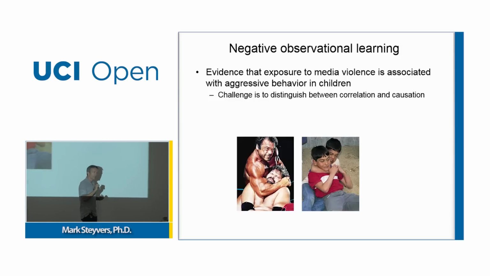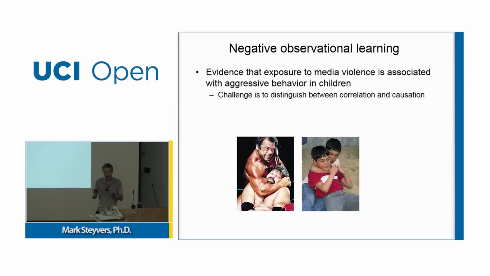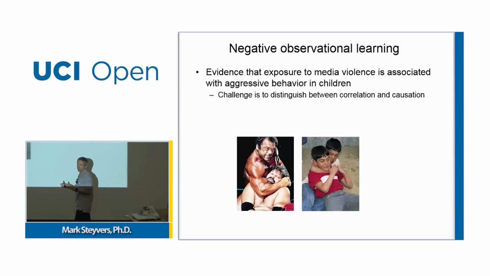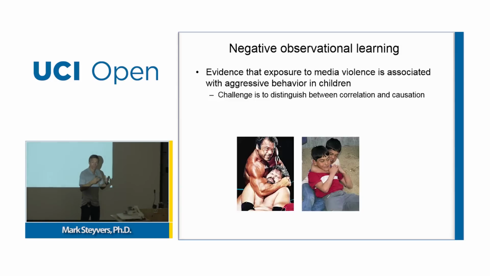But you have to be very careful with these interpretations, because it could also be just a mere correlation. It's possible that children who tend to be violent or aggressive to begin with seek out violent games or violent television programs.